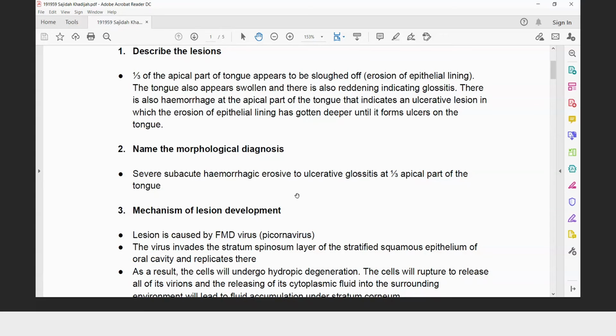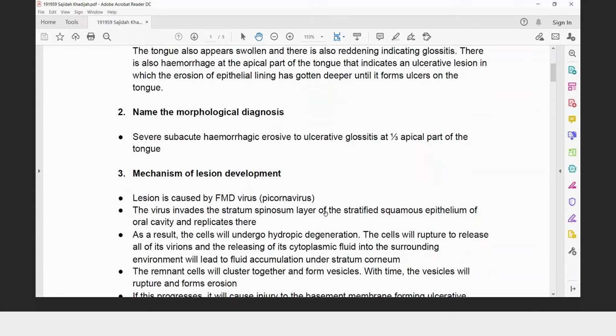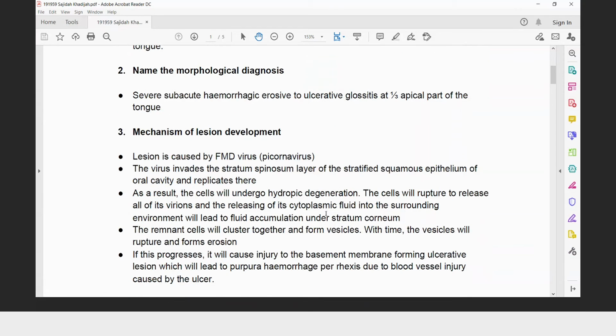So I'm happy to see that. And then we look at the mechanism of lesion development. Okay, you put there that the lesion is caused by FMD virus. In this case, you put also picornavirus. Both are right.